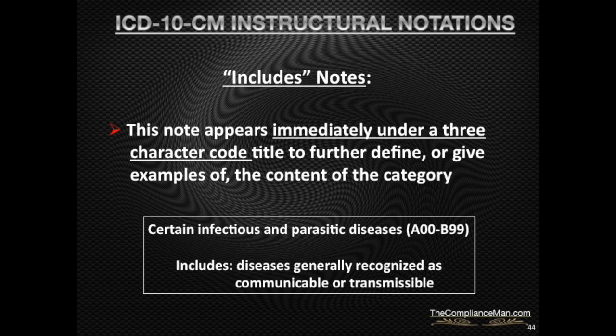So in this case, certain infectious or parasitic diseases, A00 through B99, includes diseases generally recognized as communicable or transmittable. So under the block of A00 to B99 for infectious and parasitic diseases, that would also include diseases generally recognized as communicable or transmittable.